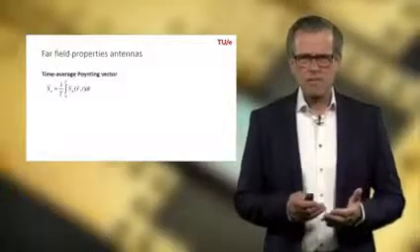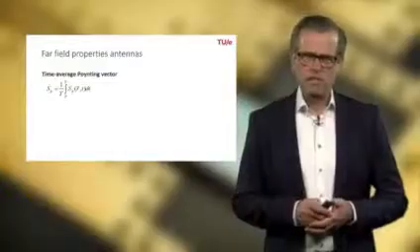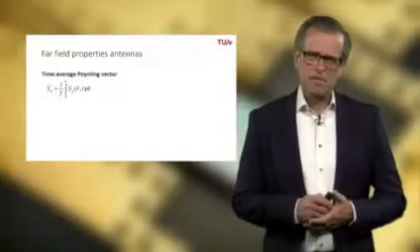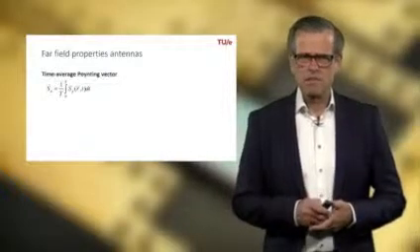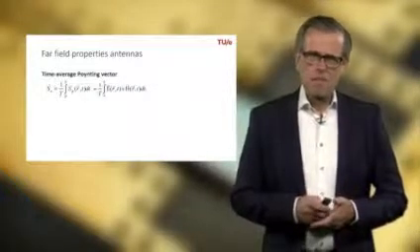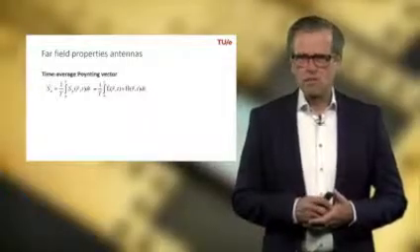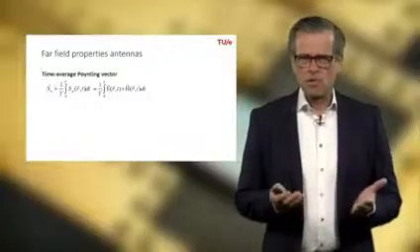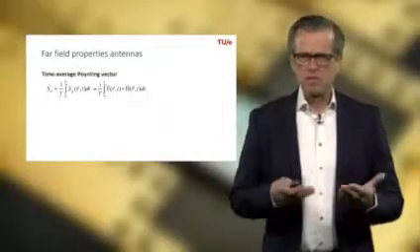It's the time average of the time domain Poynting vector. And we assume again that we have time harmonic signals and fields, so that's why we take the time average. Now this time domain Poynting vector is the outer product of the electric field and the magnetic field. And of course, since we work with time harmonic fields, we want to transform that to the frequency domain.